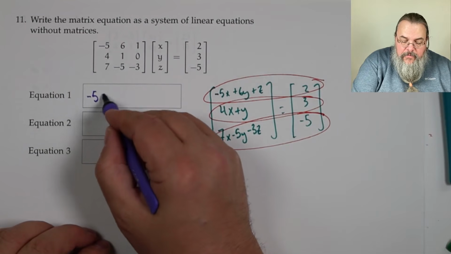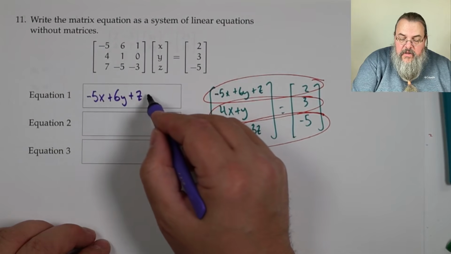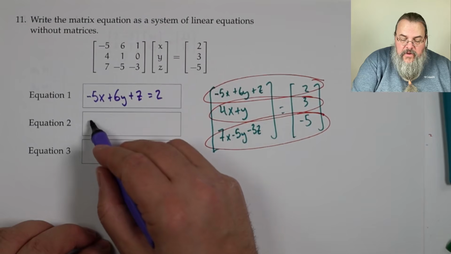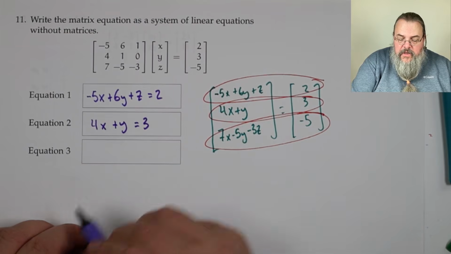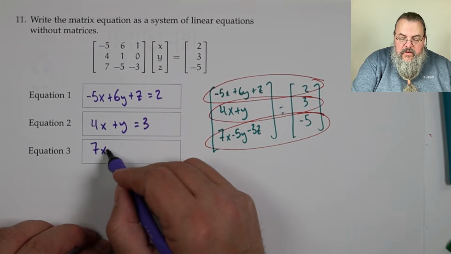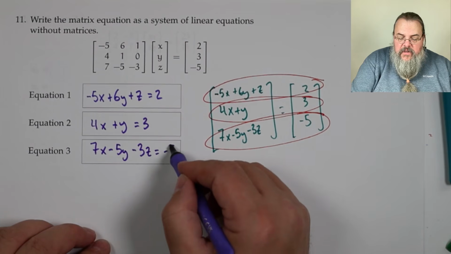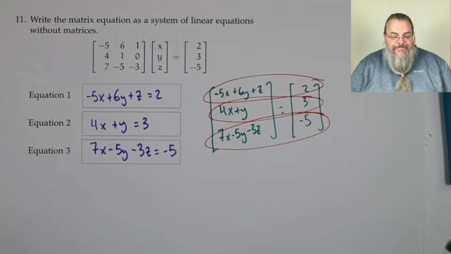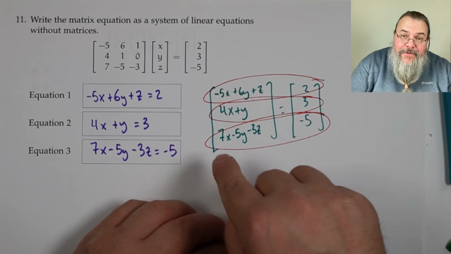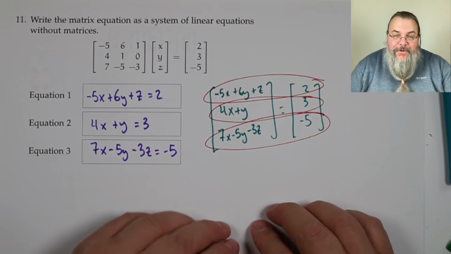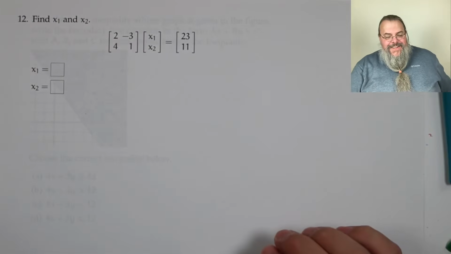Minus 5x plus 6y plus z equals 2. 4x plus y equals 3. 7x minus 5y minus 3z is negative 5. And to think we get as many points for this problem as finding the inverse of a 3 by 3. What a world.